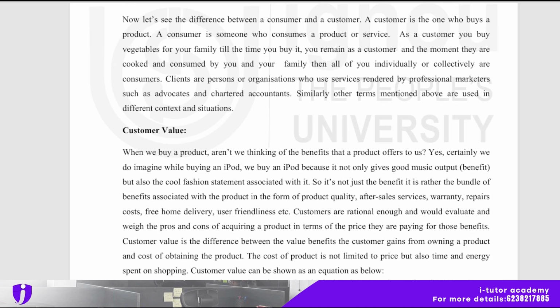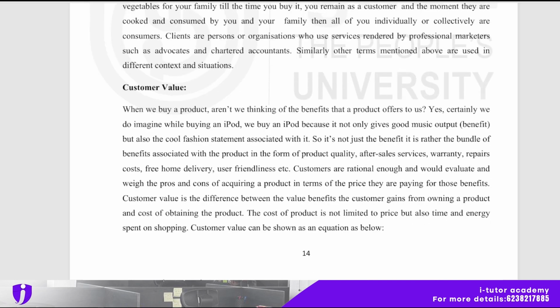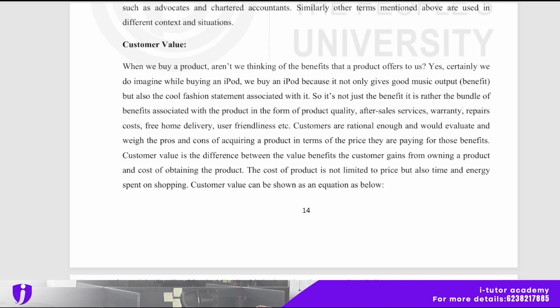When we buy a product, are we thinking of the benefit that product offers to us? Yes, certainly we do. Imagine while buying an iPod, we buy it because it not only gives good music output but also the cool fashion statement associated with it.